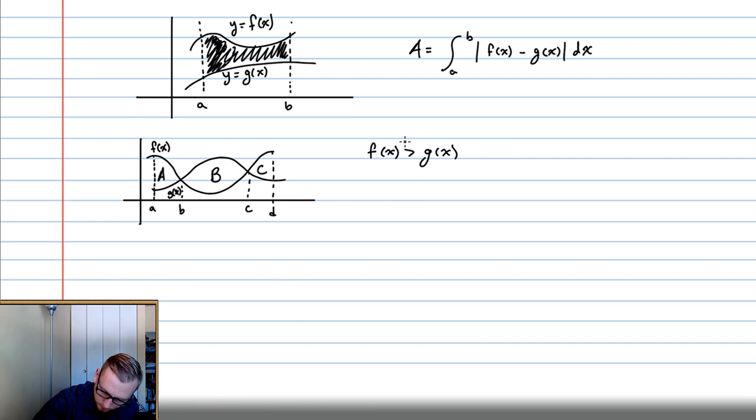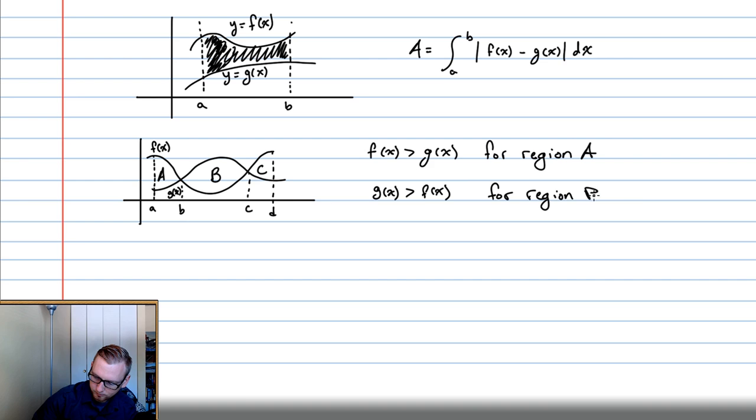In region B, g of x is above. And in region C, f of x is back above.